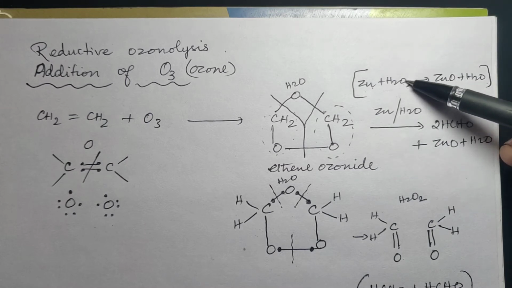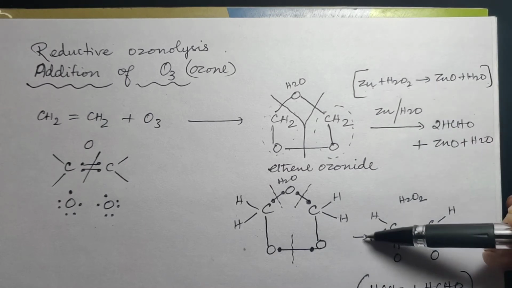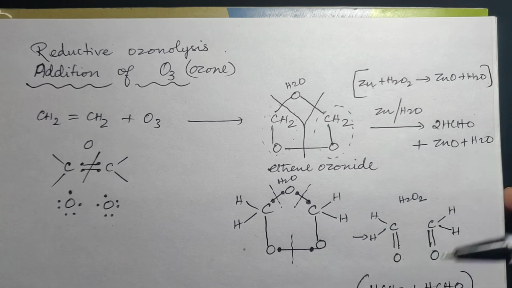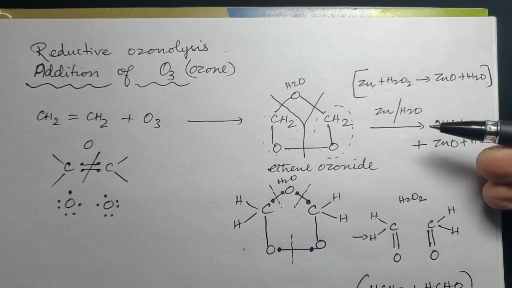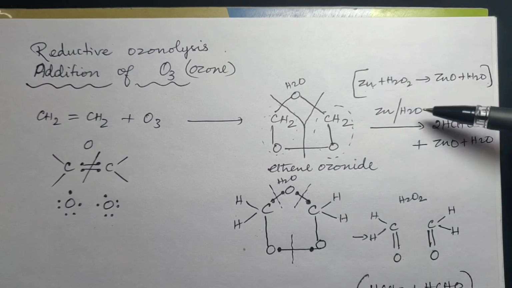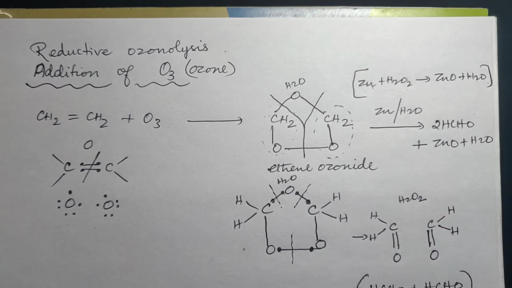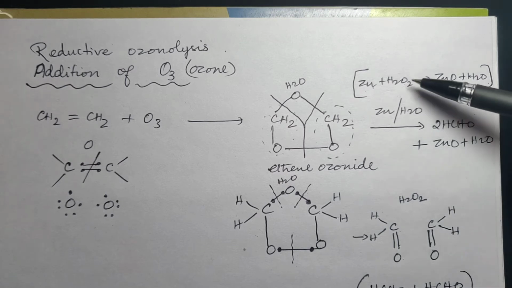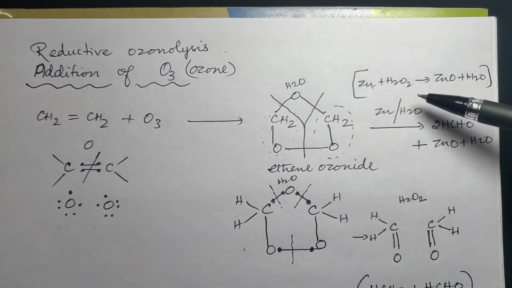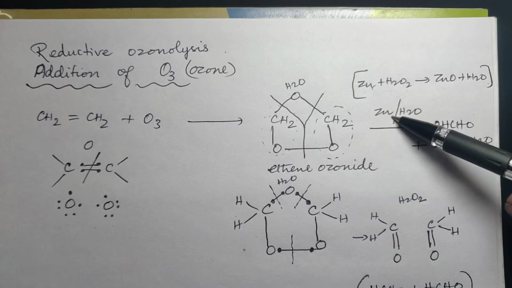If it is acting as an oxidizing agent, then the aldehyde formed will be oxidized to acid. Or if it is acting as a reducing agent, the aldehyde formed will be reduced to alcohol. Is that clear? So to prevent the action of H2O2, zinc dust is provided here.